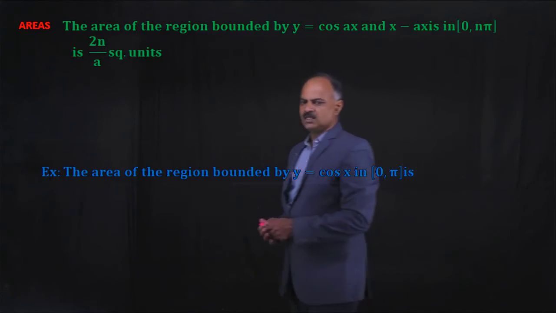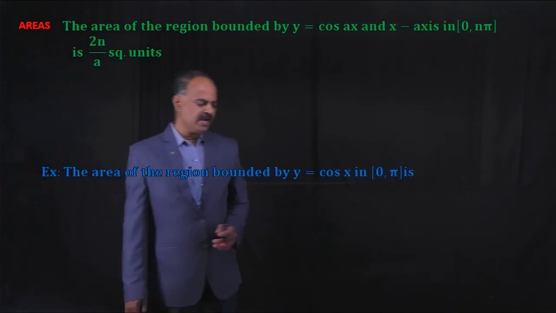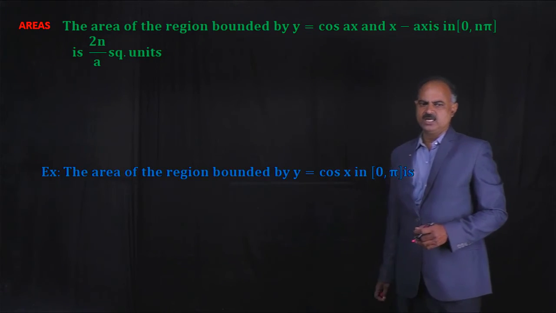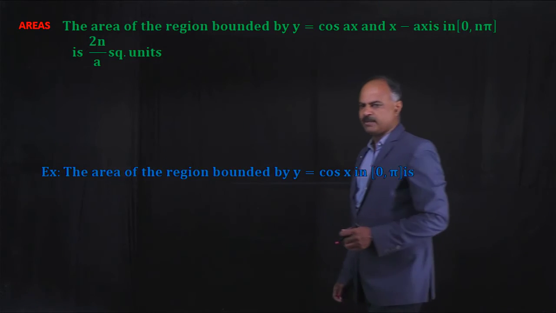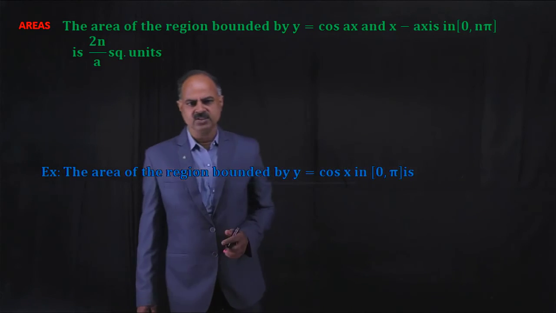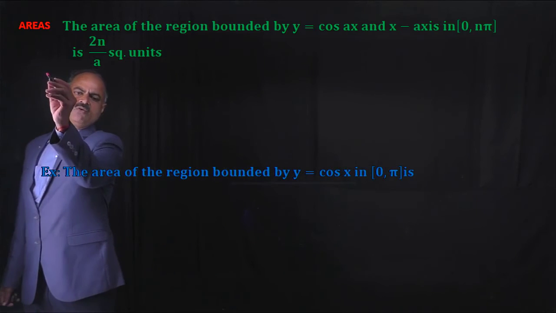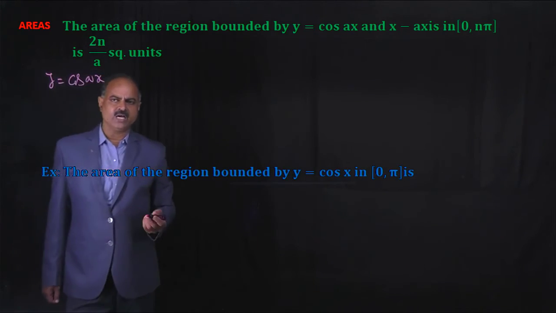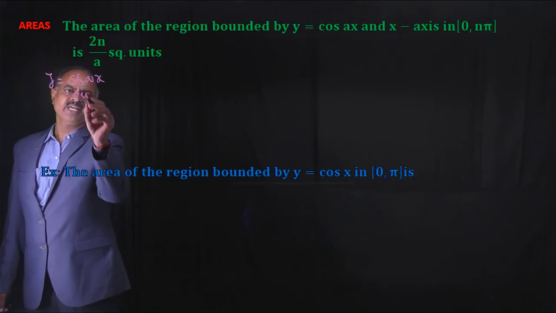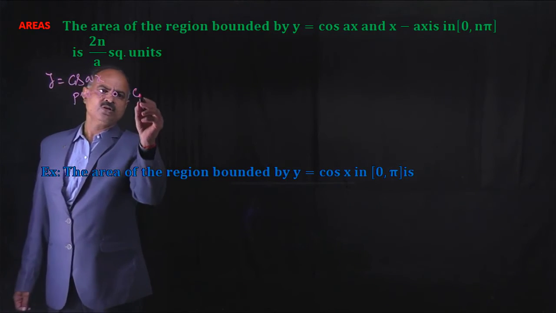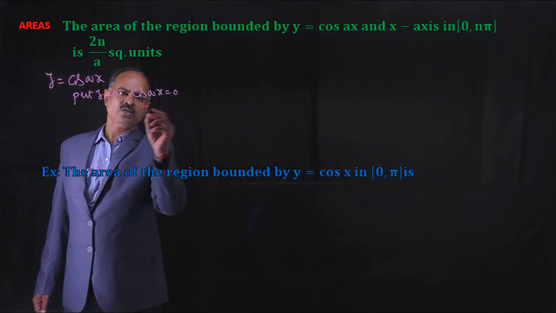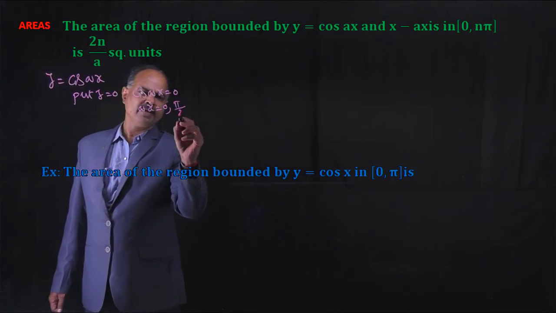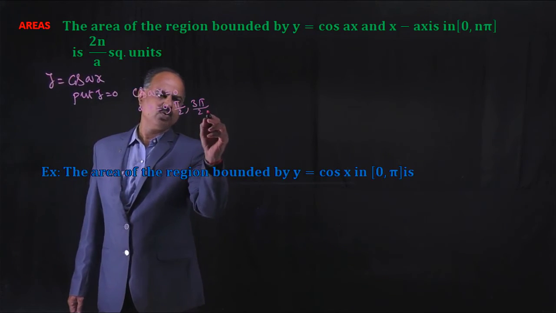Next formula: the area of the region bounded by y equal to cos ax and the x-axis in the closed interval 0 comma n pi is 2n by a square units. Given the curve y is equal to cos ax, first find where the curve crosses the x-axis. Put y equal to 0, so cos ax equal to 0. This implies ax equal to pi by 2, 3 pi by 2 and so on.